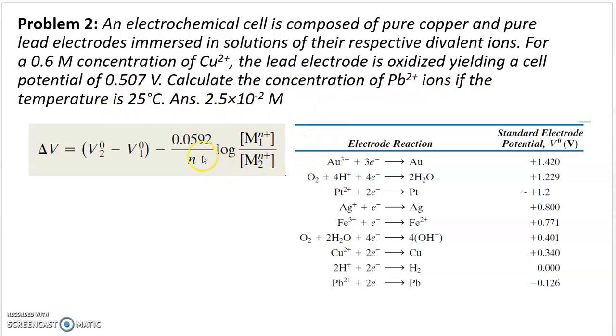For 25 degrees centigrade, you can apply this equation, and we know the values of these parameters.